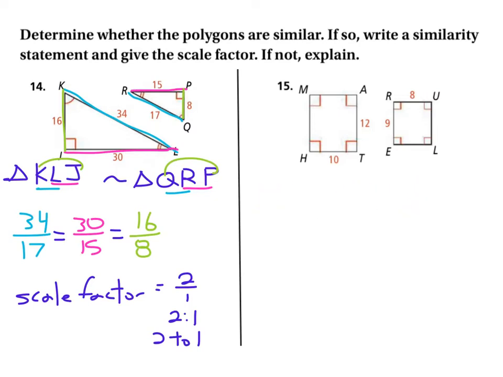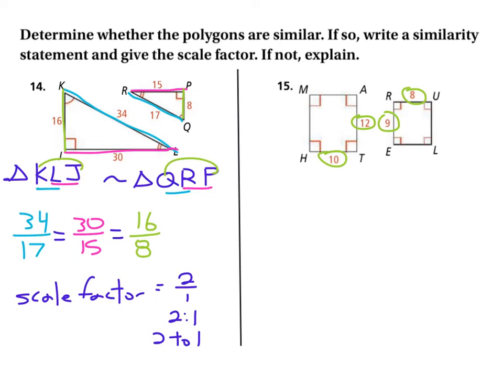And so let's check out the numbers. Now that we know that they're all similar, how do we set up this ratio? Well, there are two sides here on this figure, the 10 and the 12. And there are two sides on this one, the 8 and the 9. We obviously want to match up the smaller one with the smaller one.